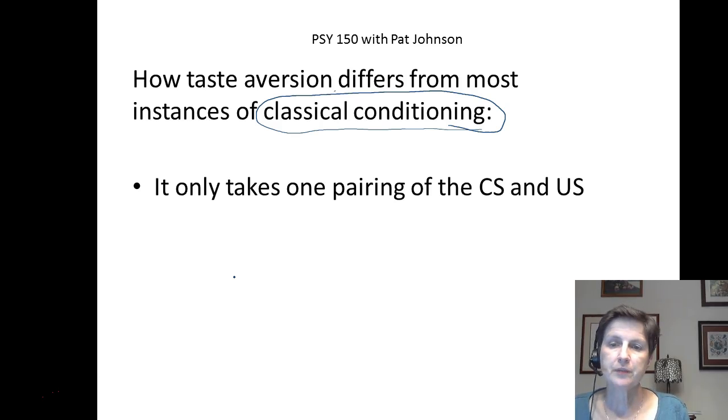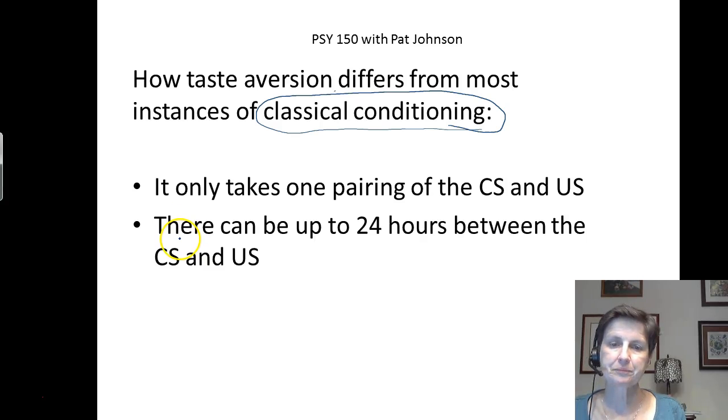So first of all, it only takes one pairing of the CS and the US. I only had to pair chowder and getting the flu one time for me to not like chowder anymore. It only took one pairing. Also, there can be up to 24 hours between the CS and the US.